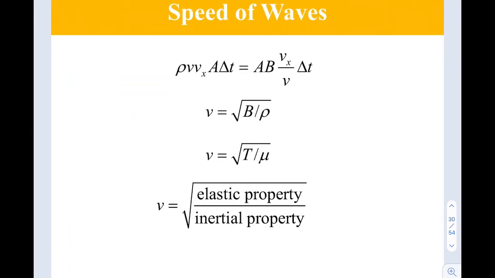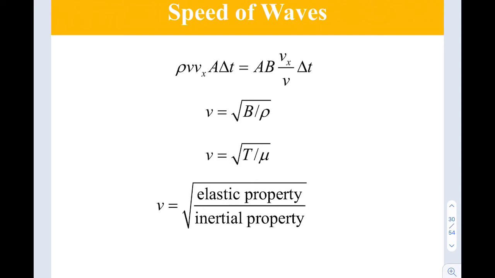So this equation actually can be simplified by substituting the previous equation that we have in our hand. From that, we can have V is equivalent to square root of bulk modulus over rho, which is the density.